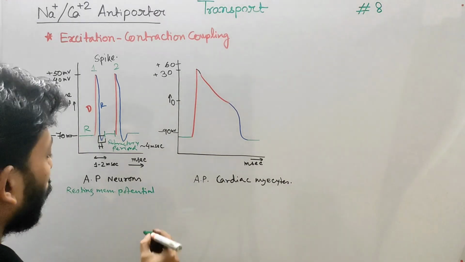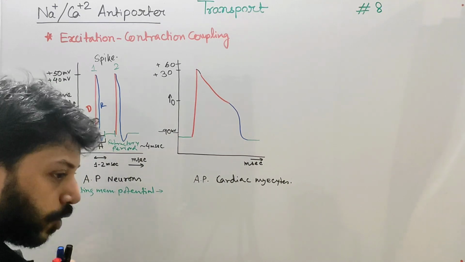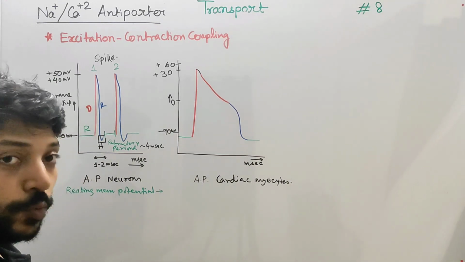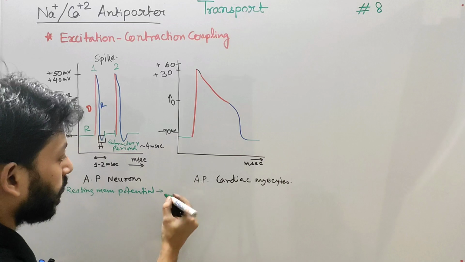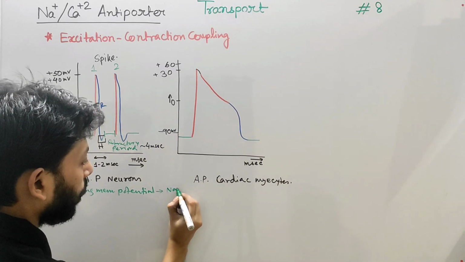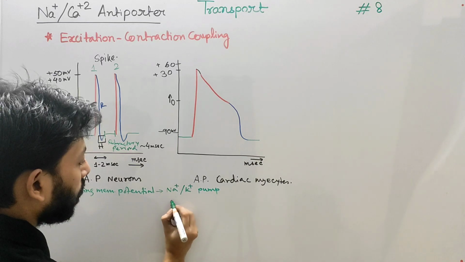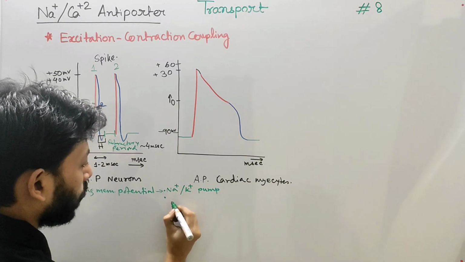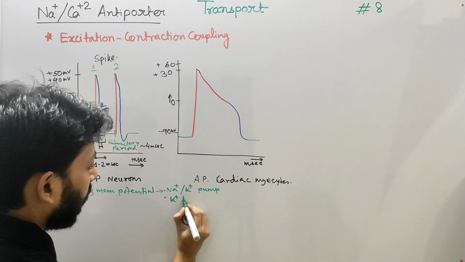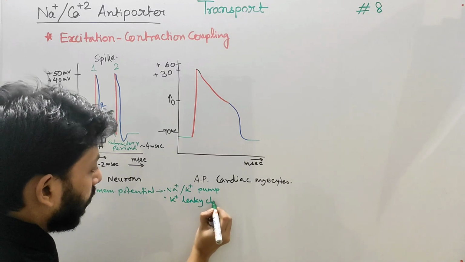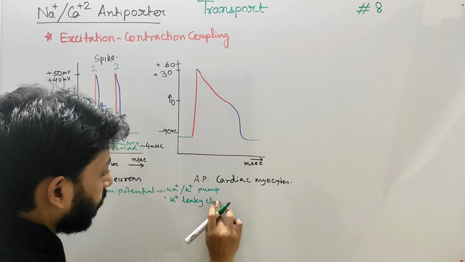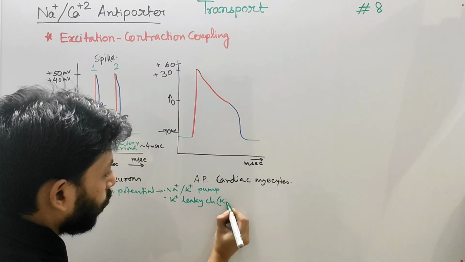Now this resting membrane potential is established by two transporter proteins I have mentioned already: the sodium potassium pump, and another protein called the potassium leaky channel. This potassium leaky channel is also called the potassium inward rectifier.